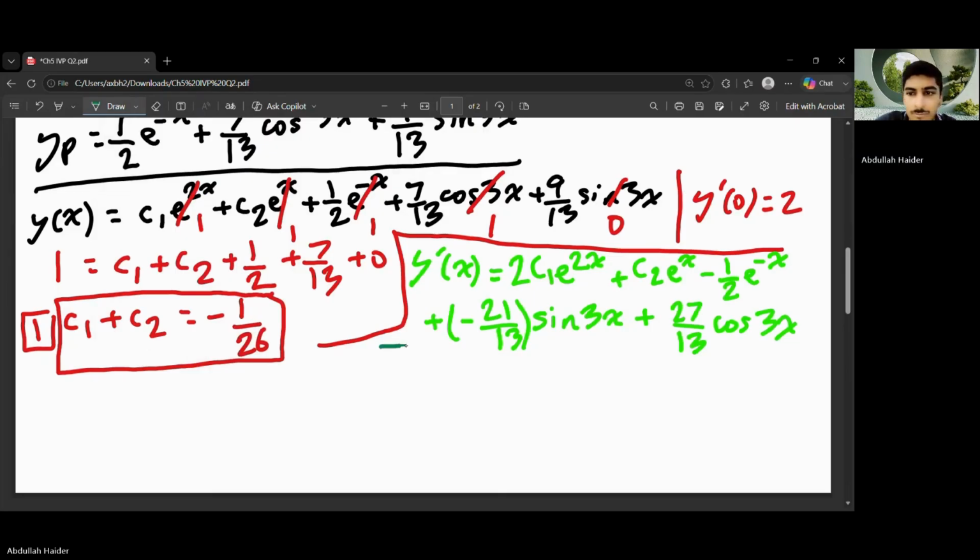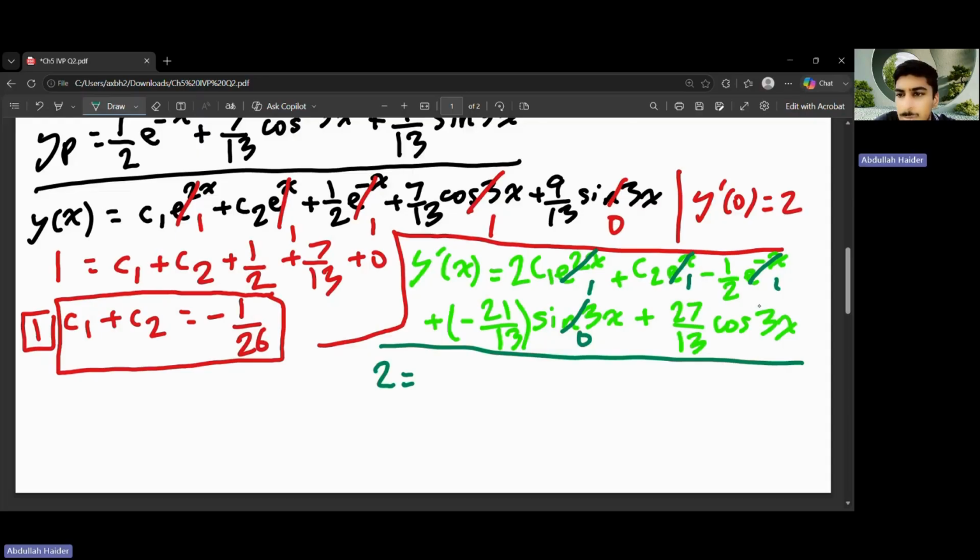So now you can substitute your initial condition, which is y prime 0 is equal to 2. So 2 is equal to, now if I substitute a 0 here, this becomes a 1, 1, 1, this becomes 0, this becomes 1. So 2 is equal to 2c1 plus c2 minus half, so this is already a 0, plus 27 over 13.